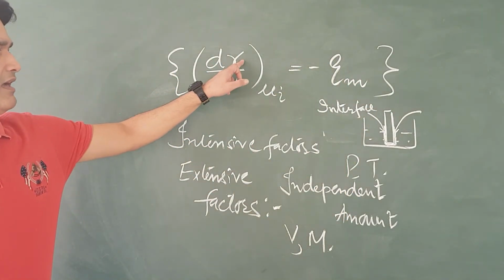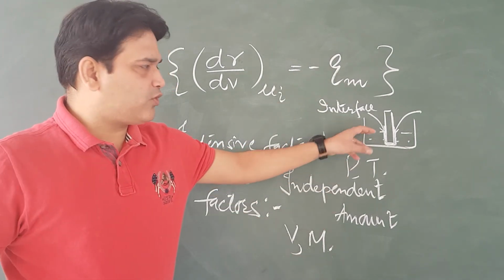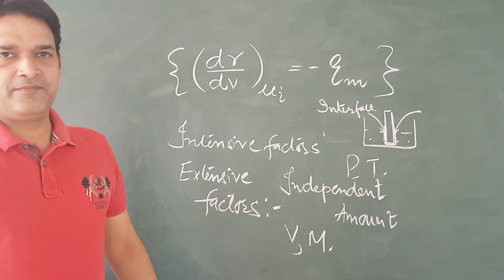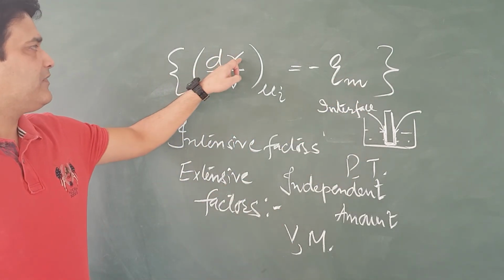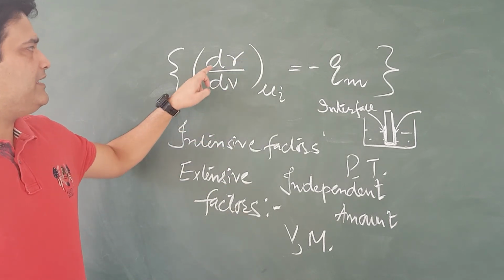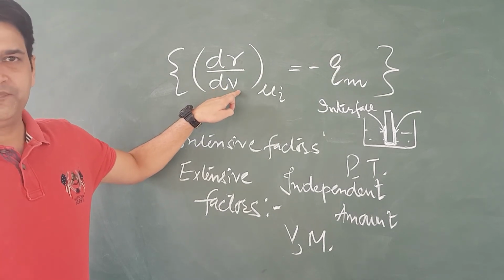So this gamma is the tension, you can say forces, at the interface. So this is the interfacial tension. V is obviously volume, means change in the interfacial tension with the change in volume.